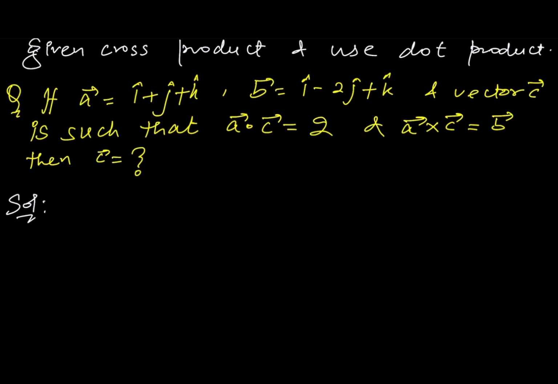So if we understand that the question is of vector equation, then we always have to take a cross product with an appropriate quantity with the given cross product, and then we will use the dot product, right? Here a dot c is given, and we have to take a cross with this cross. So what do you think, which is an appropriate quantity in this case?